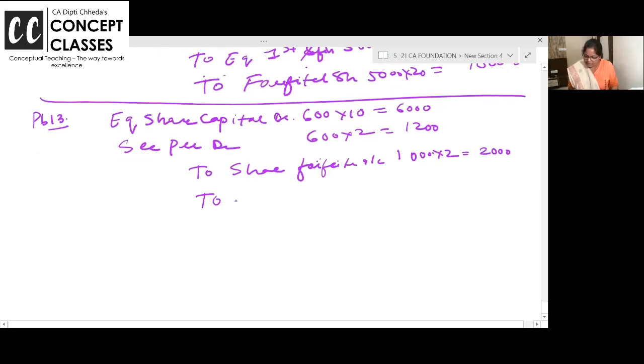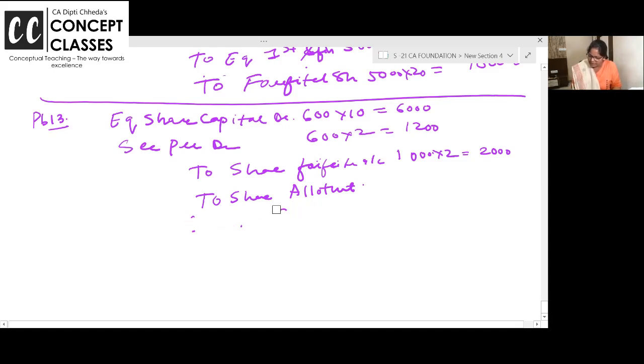Now, what is not due? Cancel it. Due and not received, cancel it. So, share allotment. Share allotment was due. कितना था? 600 into 5. 3000. Share allotment was due 3000, but application में, okay, I'll have to make a working only इसके लिए.